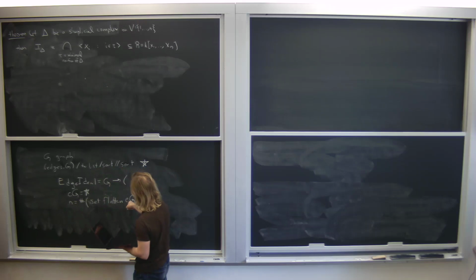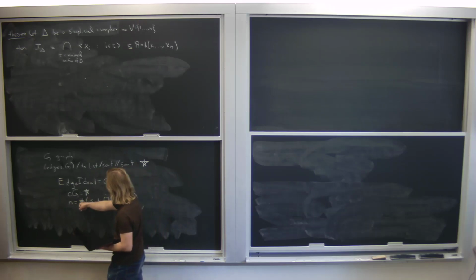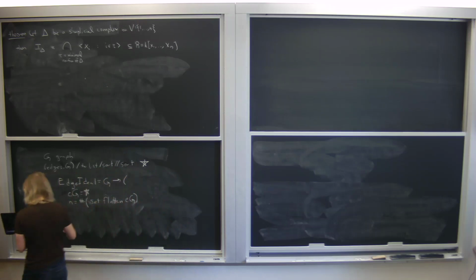The EG spits out the edge set, which is a list of lists. Flatten turns that into a single list, then set deletes all of the duplicates, and then pound tells you how many distinct elements there are.